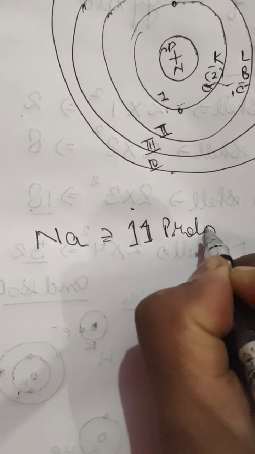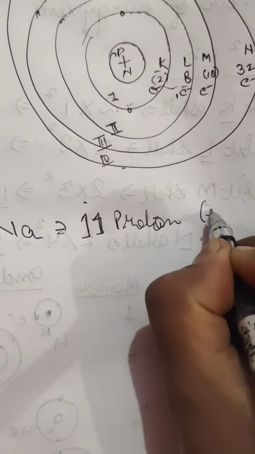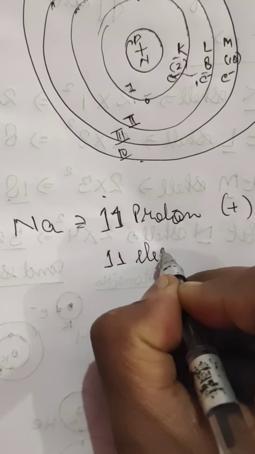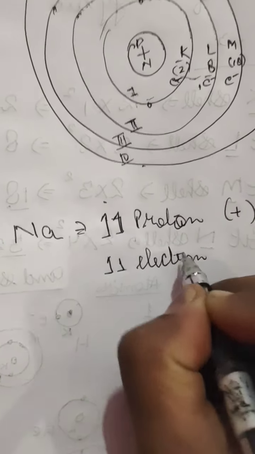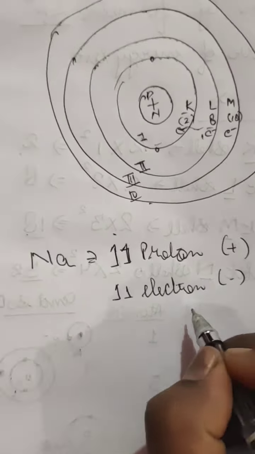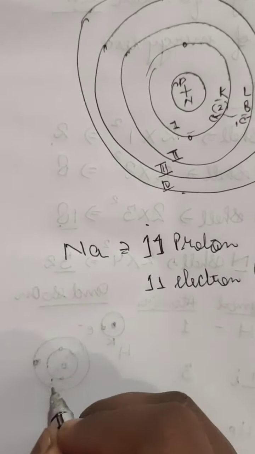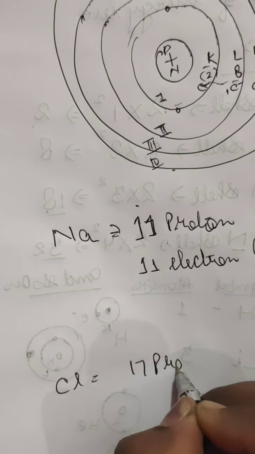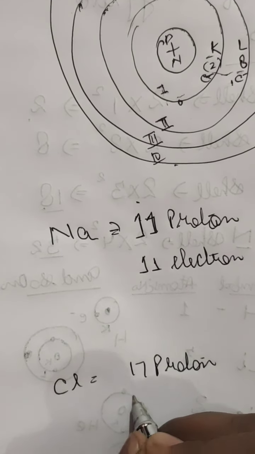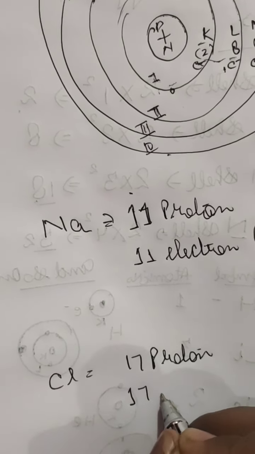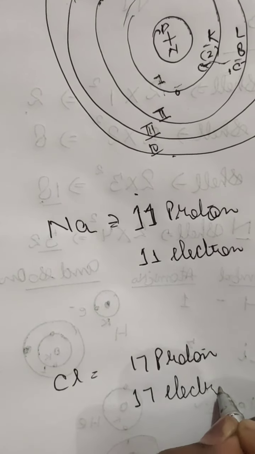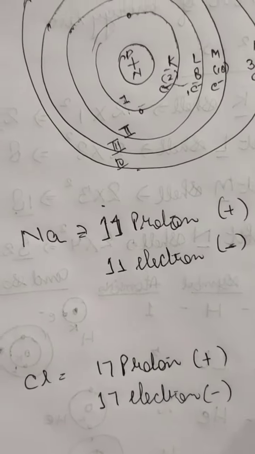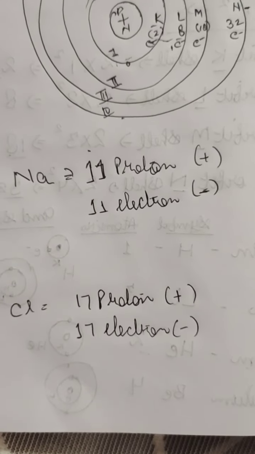That means it has 11 positive charges and it will have 11 electrons, that means 11 negative charges. And chlorine has 17 protons, which means the same number of 17 electrons. So 17 positive and 17 negative charges. Balanced. That is why an atom is electrically neutral.